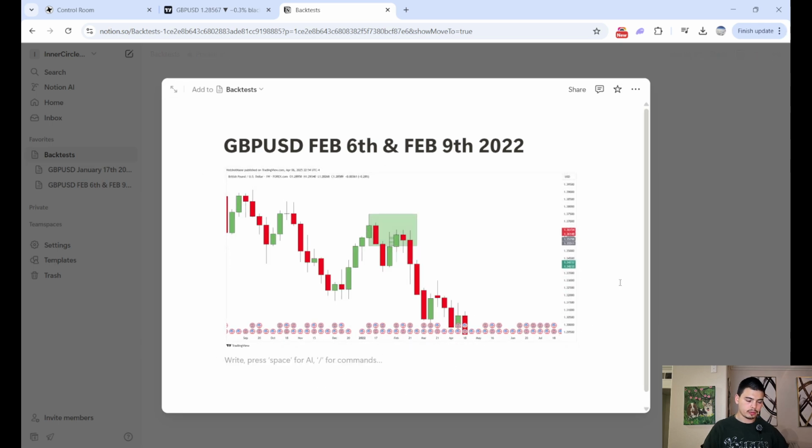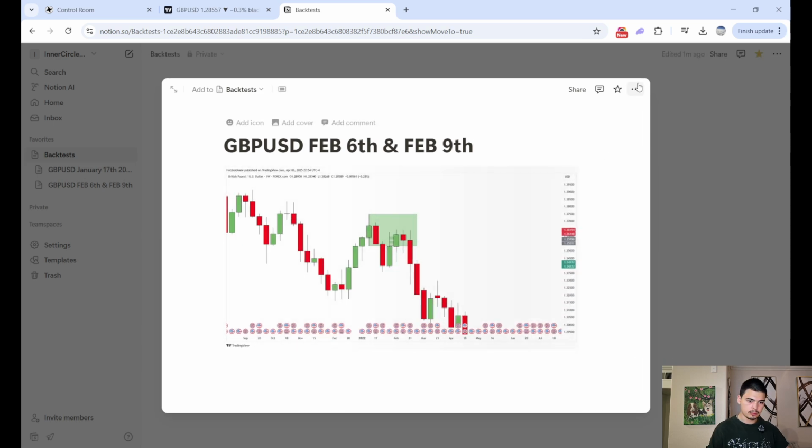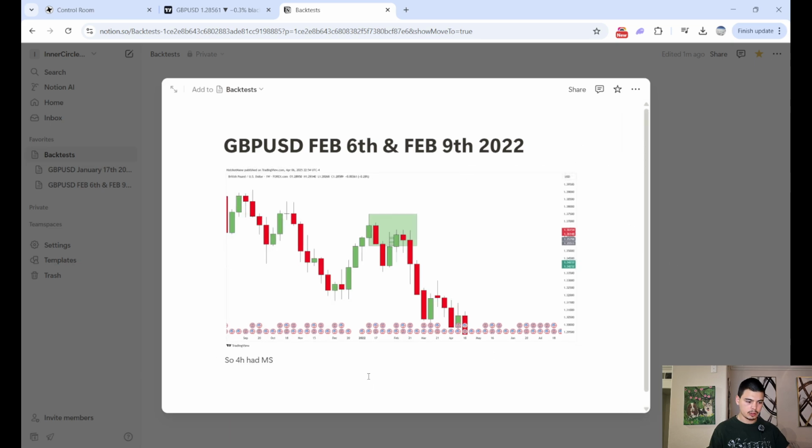Okay, so I'm going to type in, so the 4-hour had market structure. Let's write down the pre-trade thought process first. Pre-trade process.